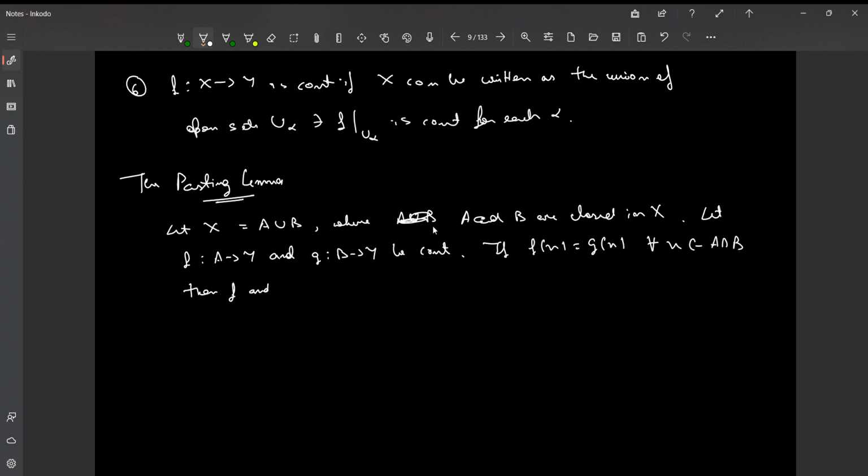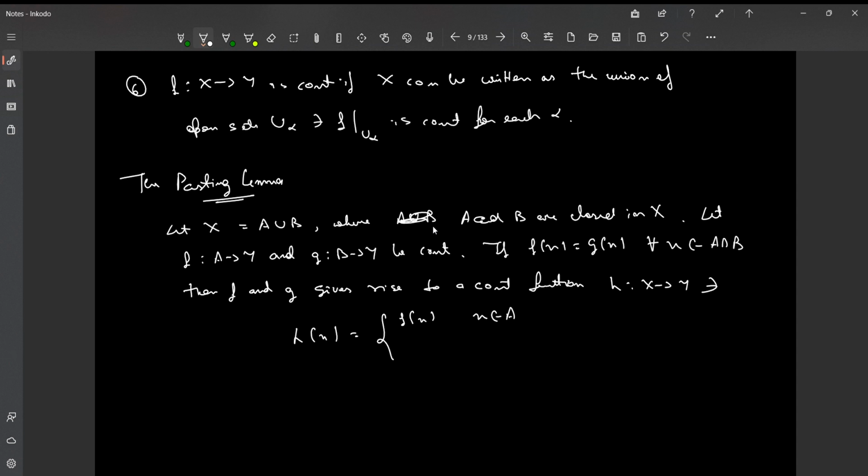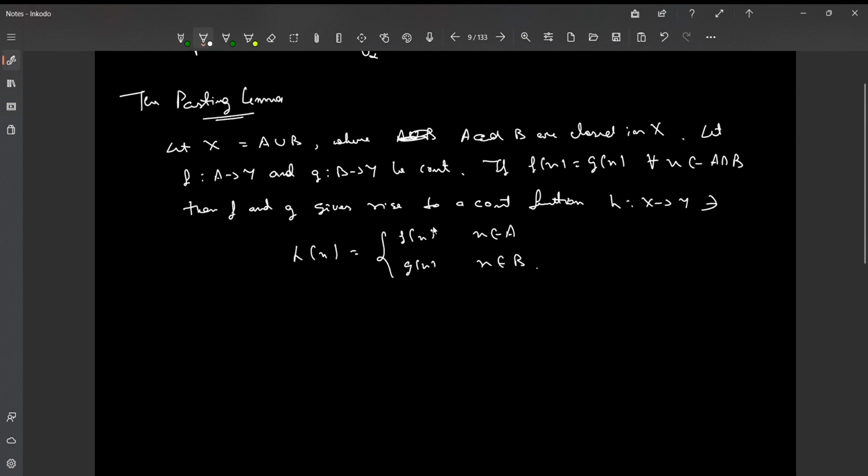If F(x) equals G(x) for all x in A intersection B, then F and G give rise to a continuous function H from X to Y, such that H can be defined as F(x) when x belongs to A and G(x) when x belongs to B.